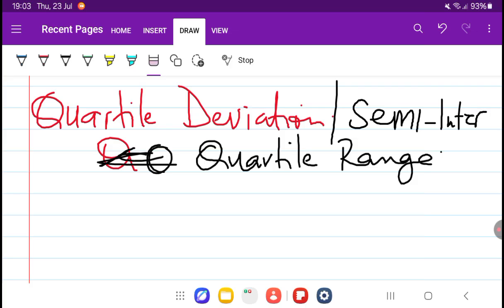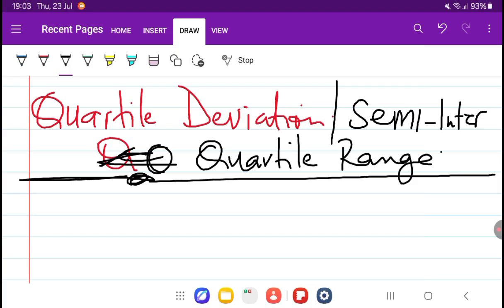You don't call it the quartile deviation, you call it the semi-interquartile range.